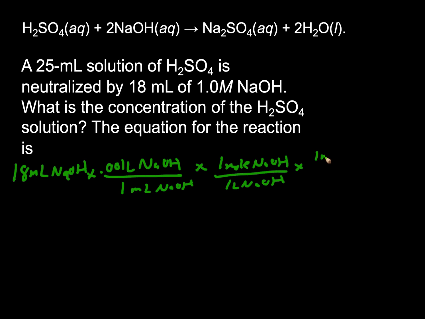So we know we have 1 mole of H2SO4 all over 2 moles of NaOH. And we should get 0.009 moles here.